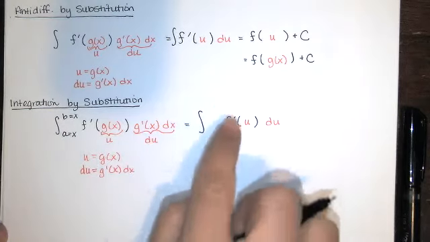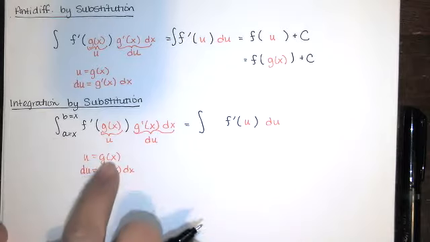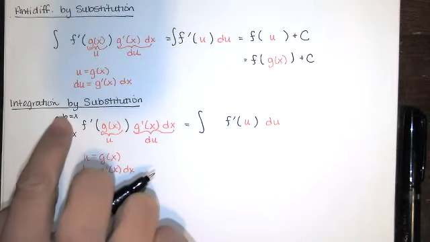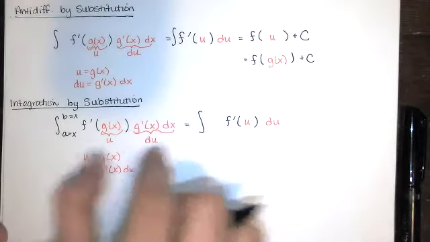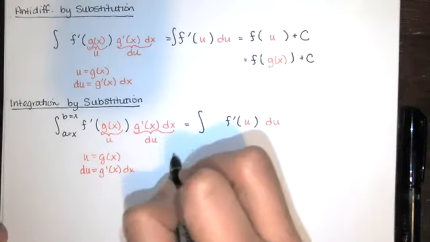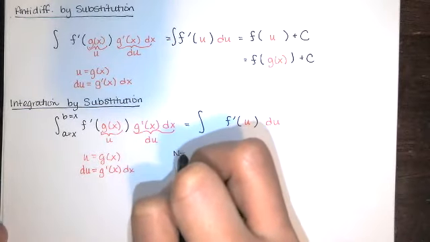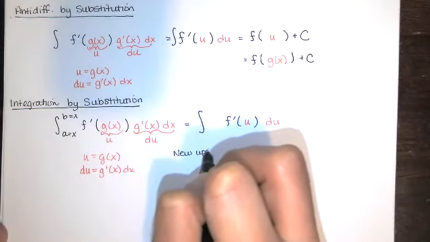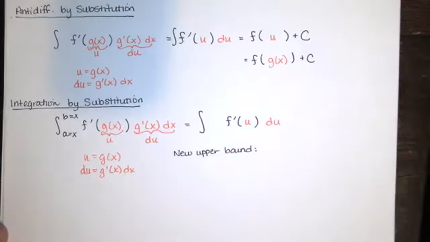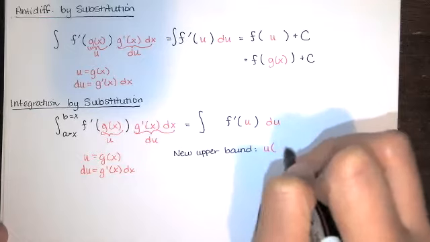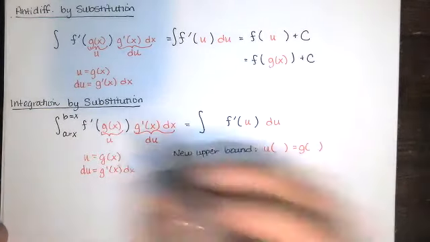So in order to get the new bounds for u, we substitute the lower bound for x into here, and we substitute the upper bound for x into this formula, and we substitute that result over here. So we get a new lower bound and a new upper bound. So the new upper bound comes from taking u and evaluating it at the original upper bound, b.